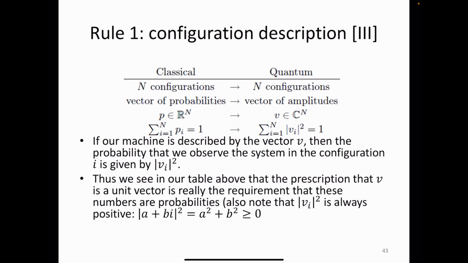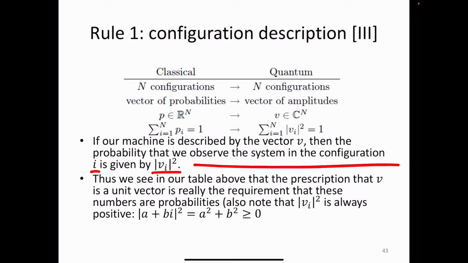So here it's just summarized again. The probability that we observe the system in the configuration I is given by the modulus squared. So we see in our table above that the prescription is that V is a unit vector, as we just said, and there's really a requirement that these numbers are probabilities.